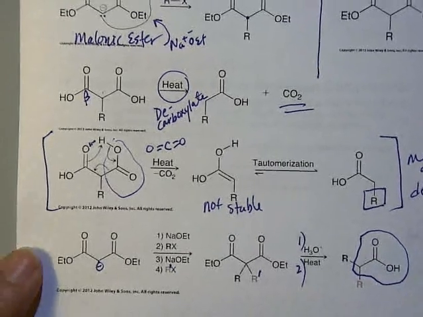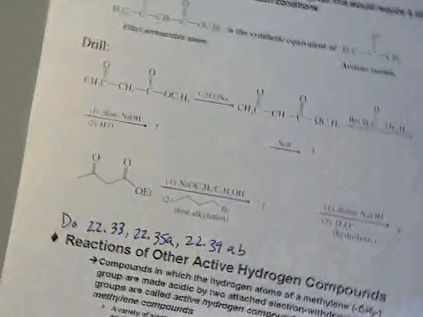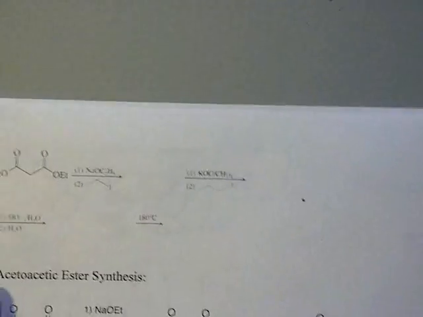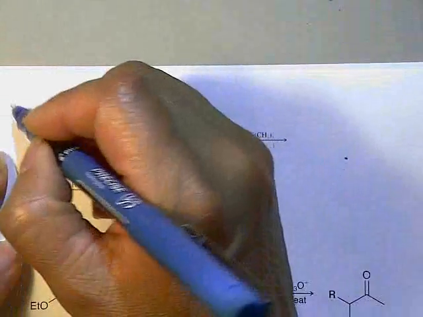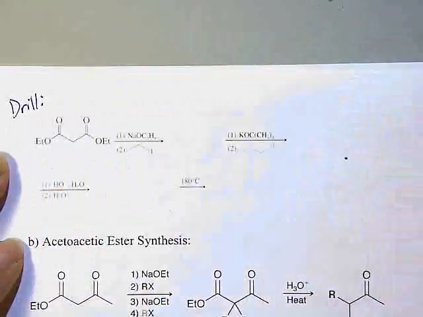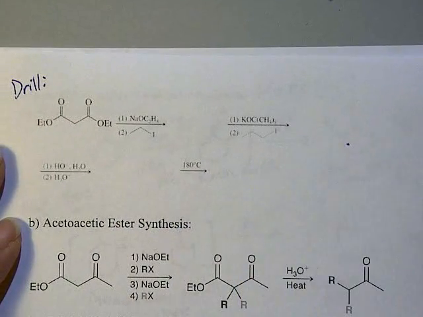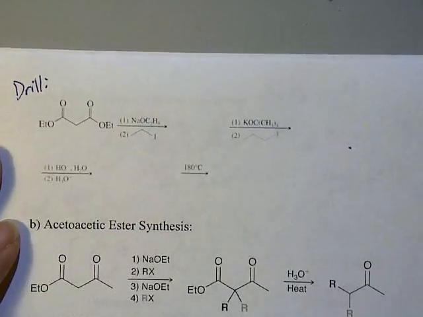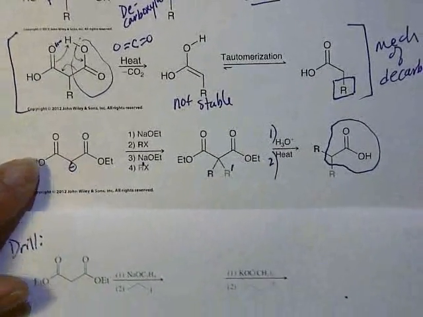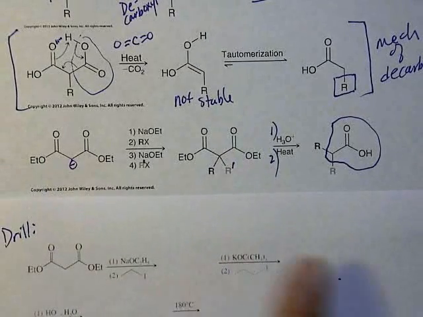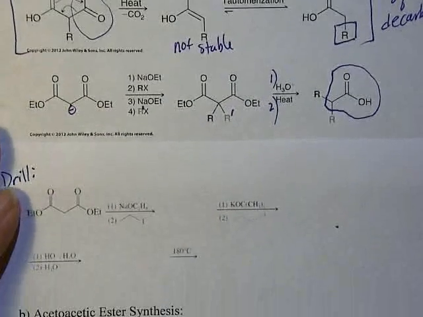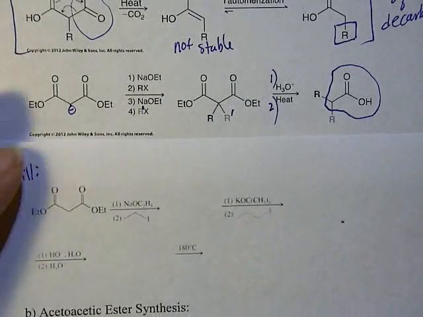So this is a drill that you should be able to do, and I expect you to do this reaction and tell me what the final product will be, and, following what we've gone over, tell me what the specific R group would look like in the final product.